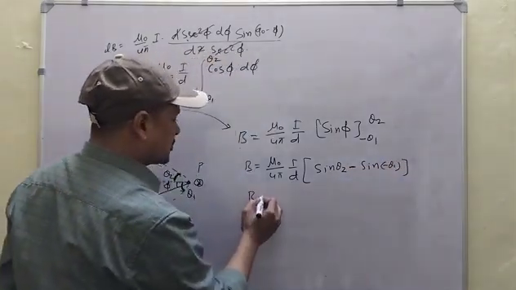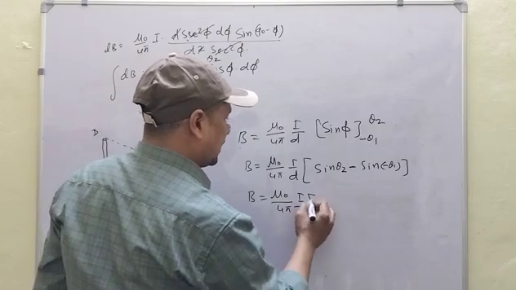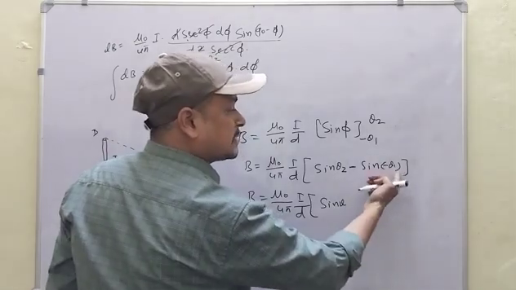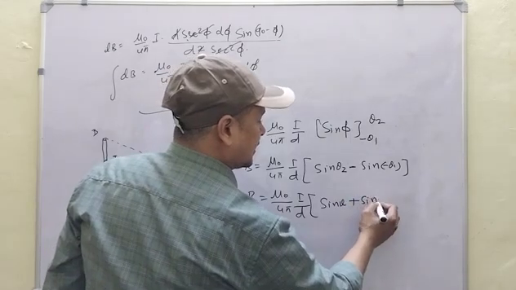Sin of minus theta is minus sin theta, so minus minus becomes plus sin theta 1.